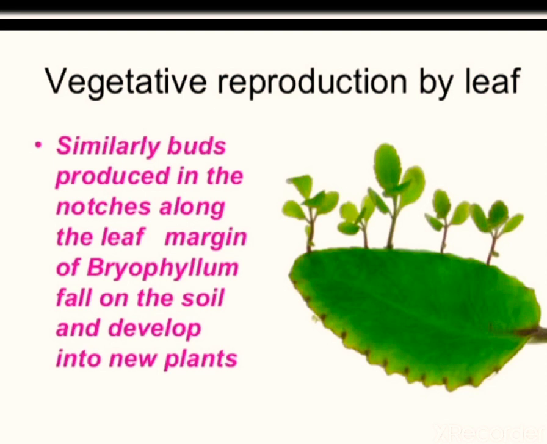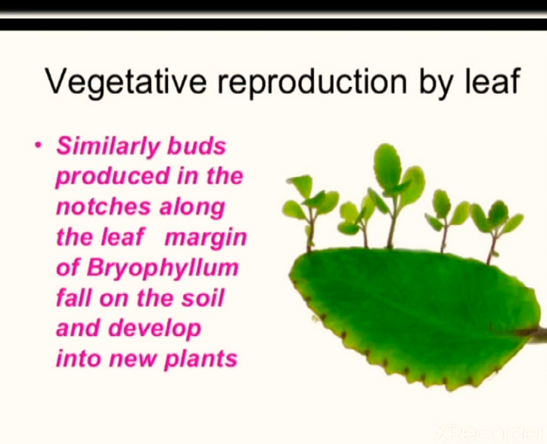Now vegetative reproduction or vegetative propagation is a type of asexual reproduction in plants. As you can see in the figure, it is an example of Bryophyllum. This type of vegetative propagation by leaves is generally found in Bryophyllum and Begonia.